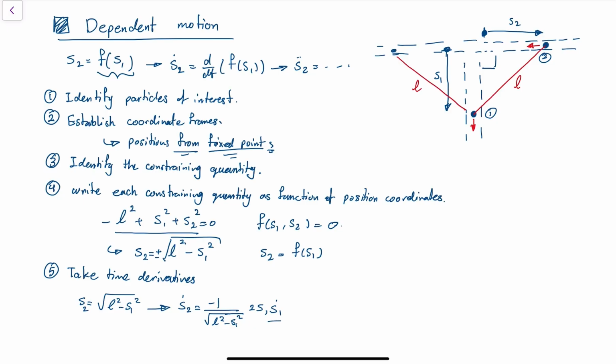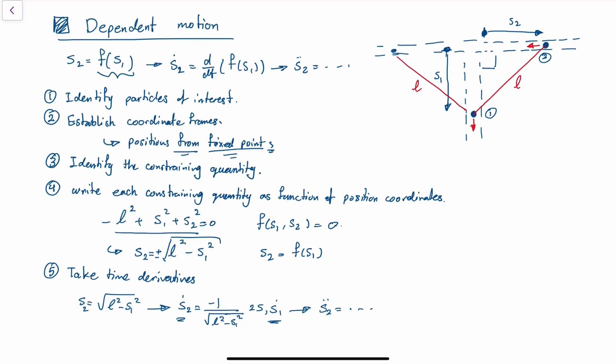So now you find a relationship between the positions, the velocities, and so on. You can take another time derivative to find the acceleration. I'm not going to do that.